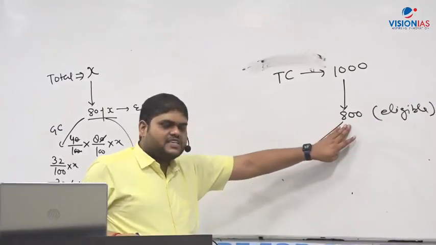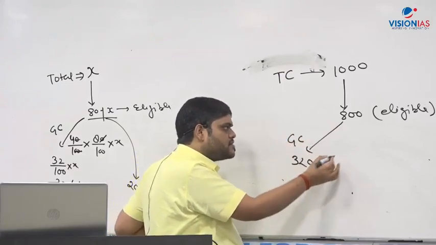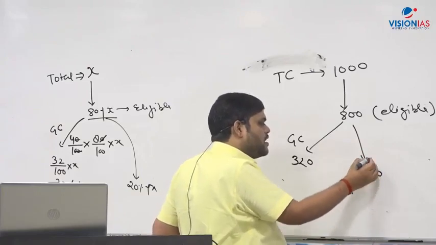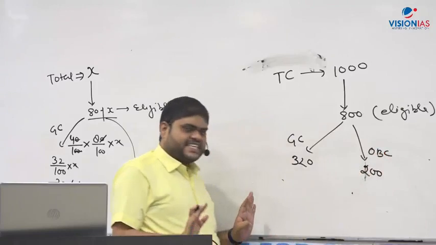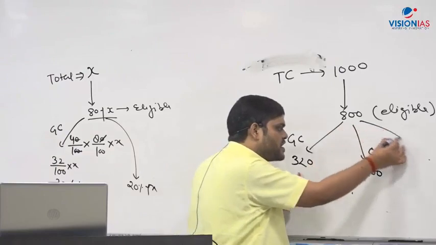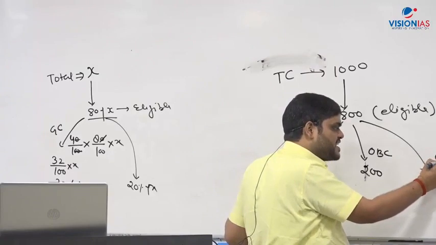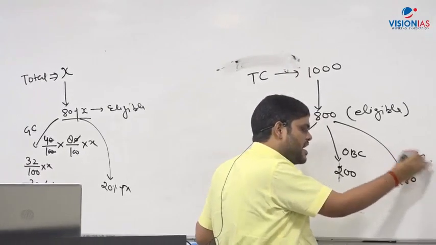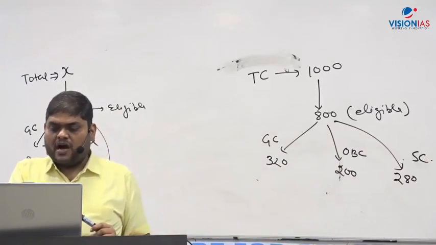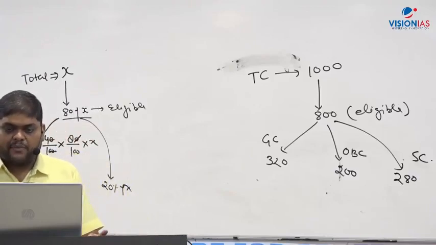Now, out of these 800, 320 are from the general category and 200 from OBC. I'm taking an example. 320 plus 200 is 520. How much is left? 280 are left from the SC category. Suppose this is a question. I am not giving it in percentage form. I am giving it in data form.